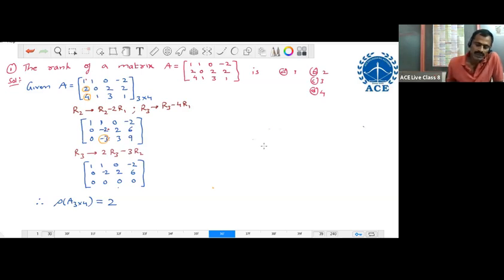Sometimes within 1 step also, when making these elements zeros, another element may become 0 directly. The maximum number of steps is 2, because we only have to make 2 column elements zeros. Next, problem number 2.